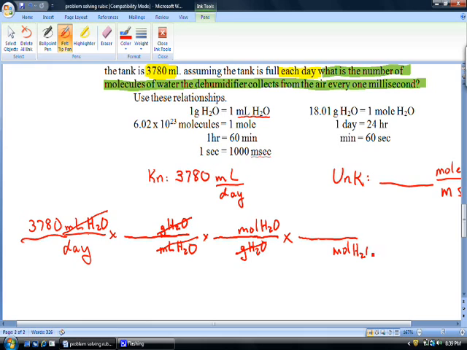moles of H2O, and on the top we're going to have, let's see, I'm looking at this relationship, so on the top is going to be molecules.